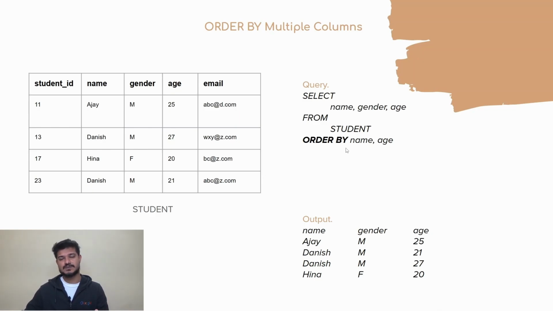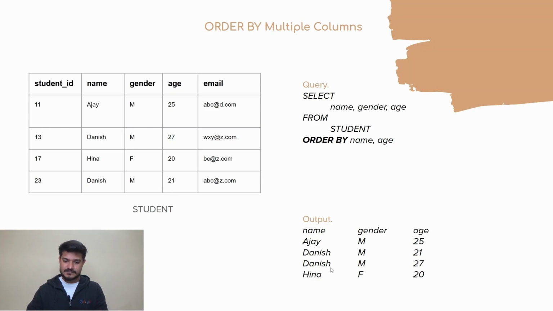So how does it work when you have two or multiple columns? It's going to sort the result based on name first. So now we have Ajay, now we have Danish, and we have Danish again. When you are sorting based on a certain column and there are two rows which have the same value, the next element in your order by will be picked, that is age.